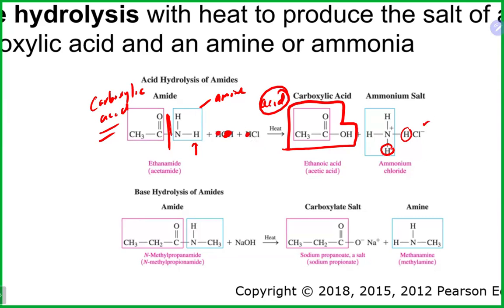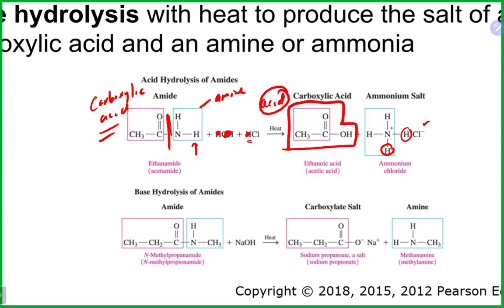So in the acid hydrolysis of an amide, you will get back a completed carboxylic acid, and you will actually make an ammonium salt. So you won't get the amine back perfectly, but you'll make a salt by adding those in. The acid here is providing some extra hydrogens that are necessary for that to occur.